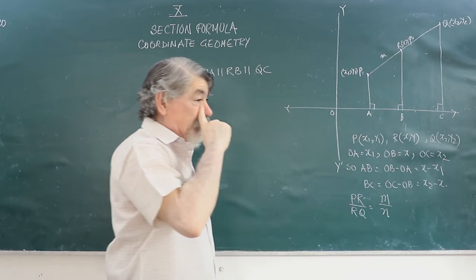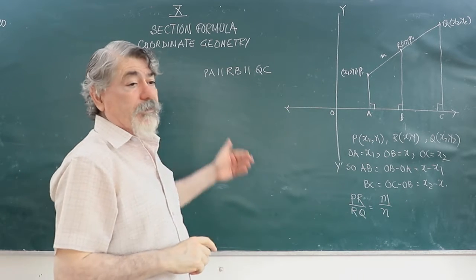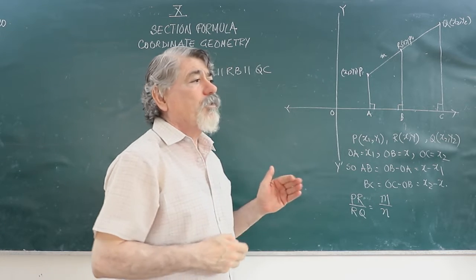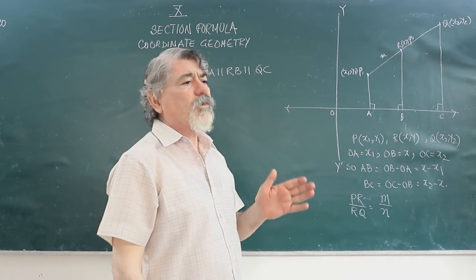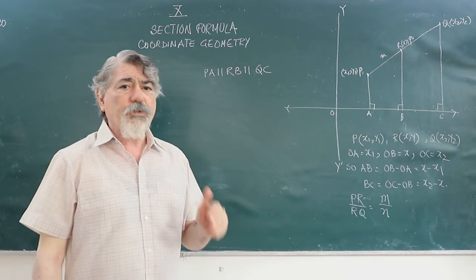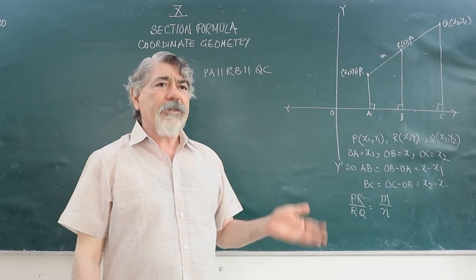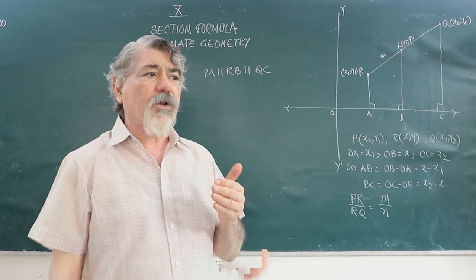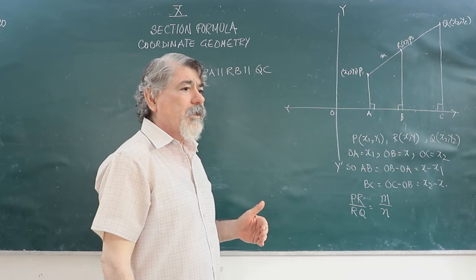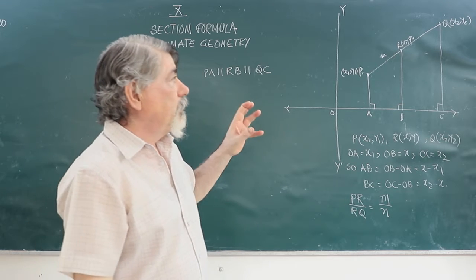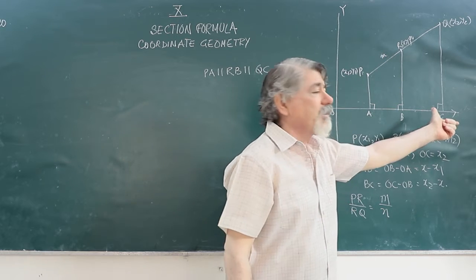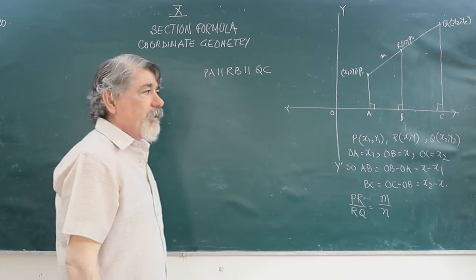The theorem which we just discussed, the equal intercept theorem, says that if there are two or more parallel lines, and a transversal cuts equal intercepts on them, then any other transversal will also cut equal intercepts on them. Or if any transversal cuts it in the same ratio, like m:n, then any other transversal will also cut it in the same ratio.